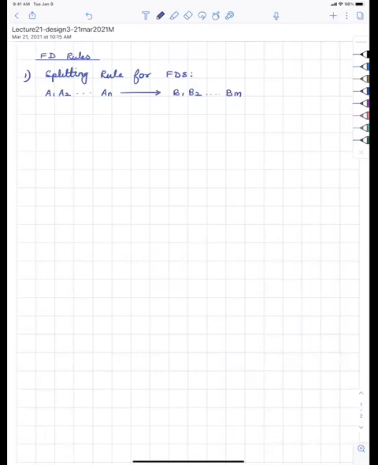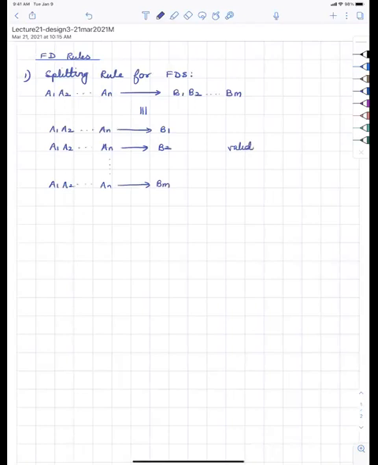Saying something like this is equivalent to saying A1, A2 determines B1, A1, A2 determines B2, and so on to BM. So first name, last name functionally determines social security number, first name, last name functionally determines address, and so on. So this is valid.